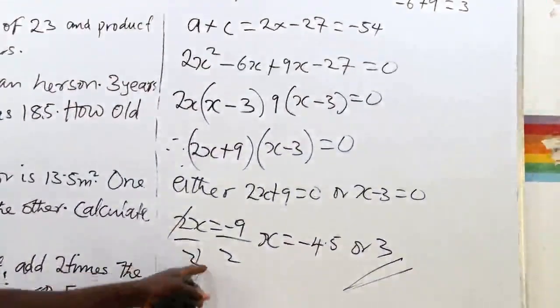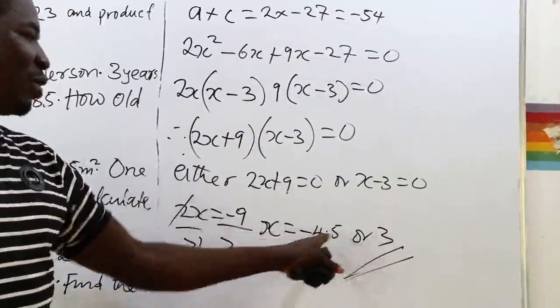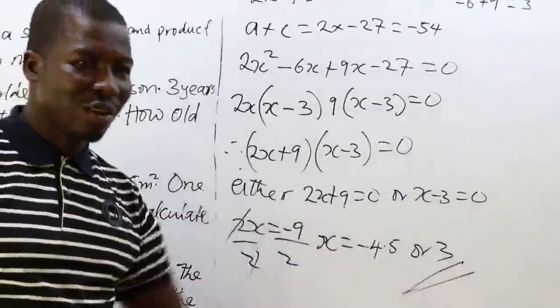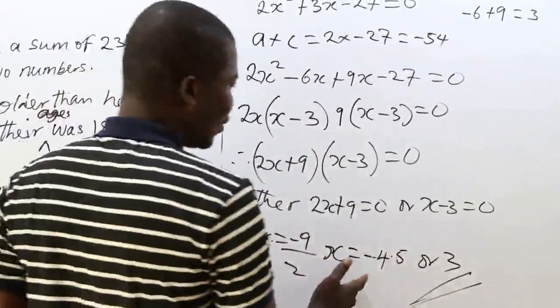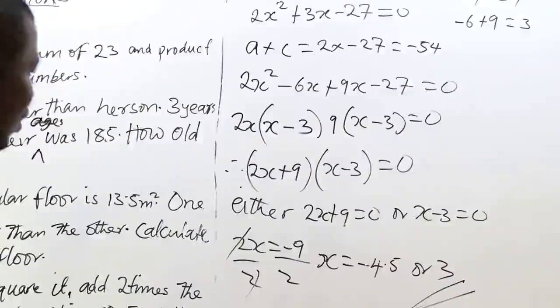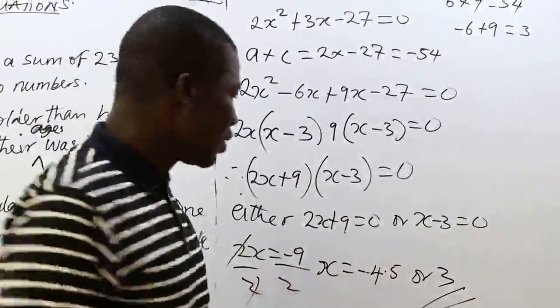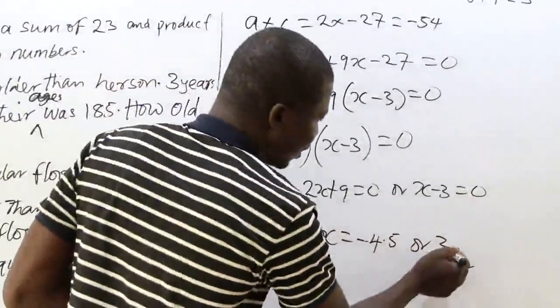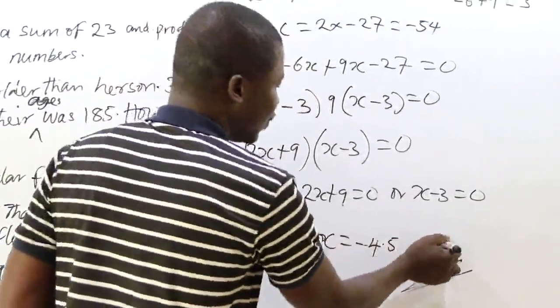So the value of x is minus 4.5 or 3. But instead we have to find the other side of the what? The dimension. So we are going to use positive 3 because the dimension is always positive.